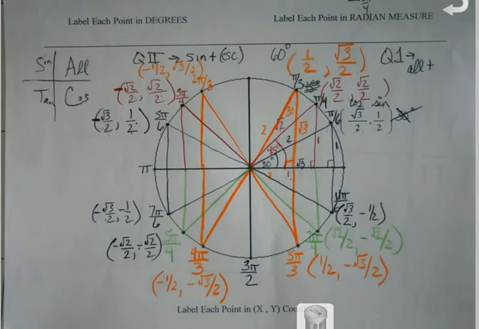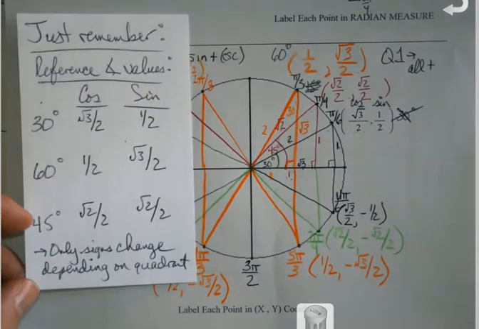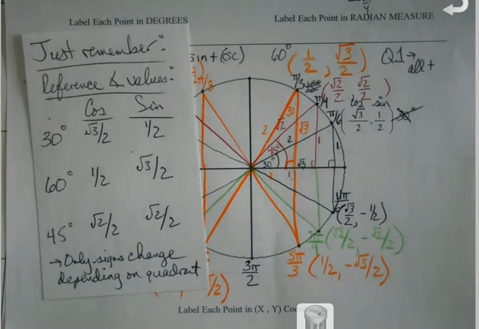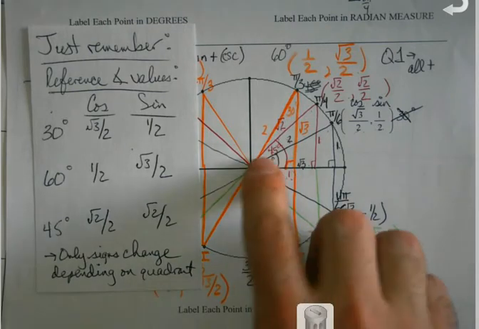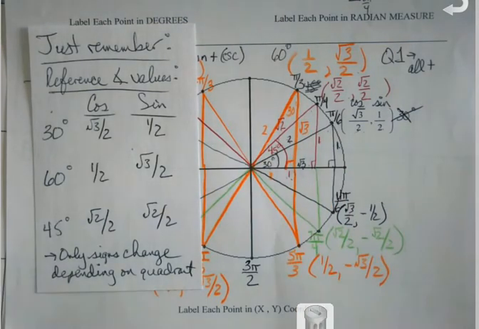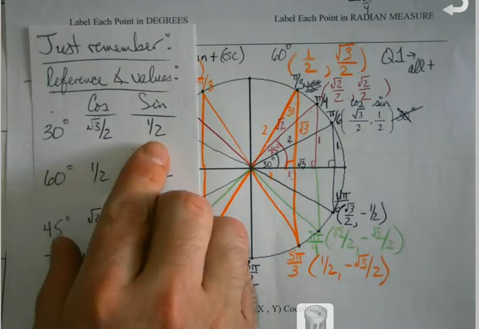But one way to remember this: the reference angle values are never going to change. So every one of your 30-degree ones that make the smallest little bow tie in here are always going to be square root of 3 over 2 and 1/2.